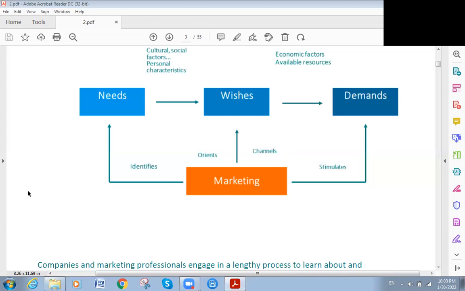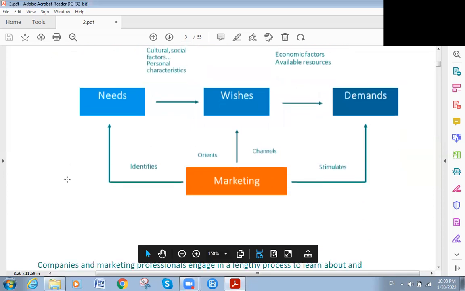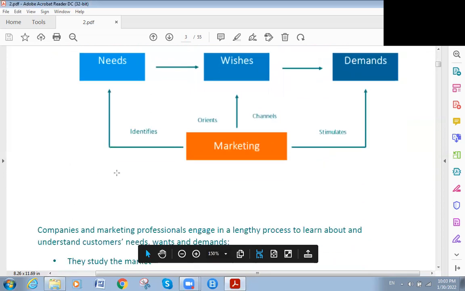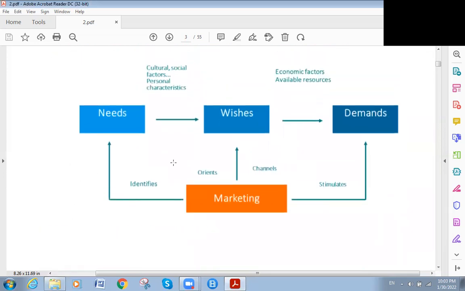So here also is something we have to talk about. Like we said before, this graph is telling me about the marketing. What is the marketing doing? Like we said before, marketing is an activity that will satisfy the needs through an exchange process.